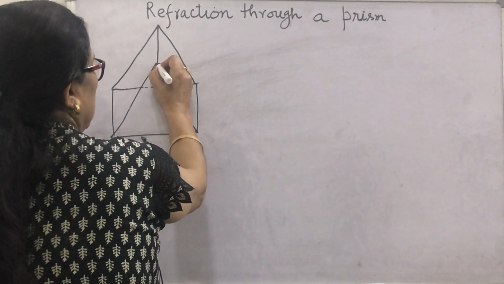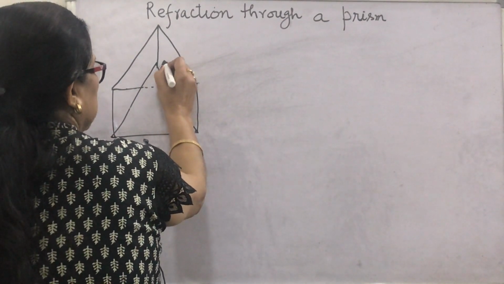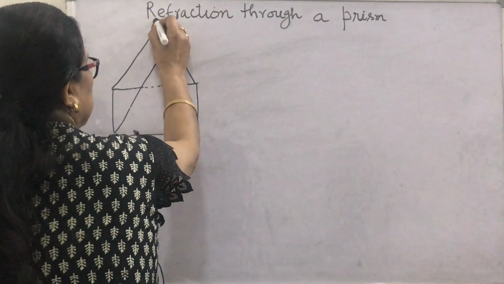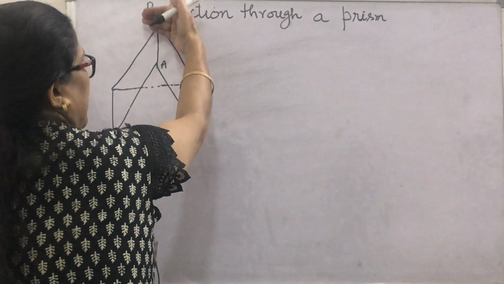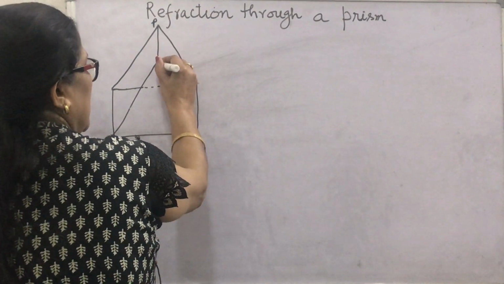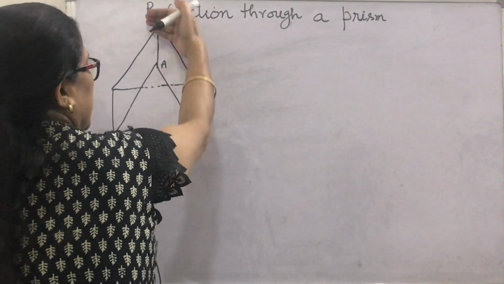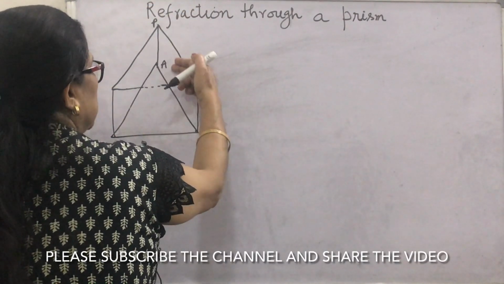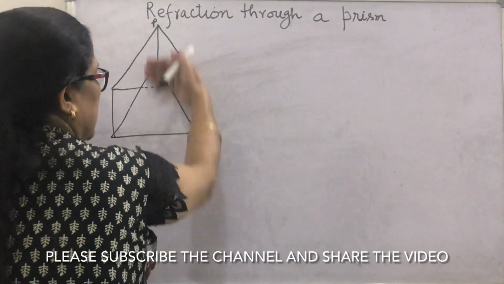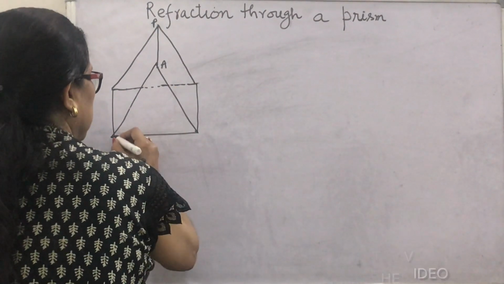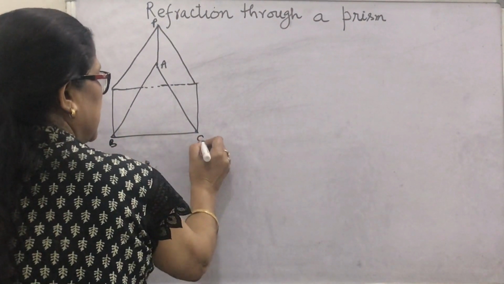So this point, suppose this name is A and this point P, then any plane transverse cutting these two surfaces is the vertical section of the prism. Suppose this is the point B and C.